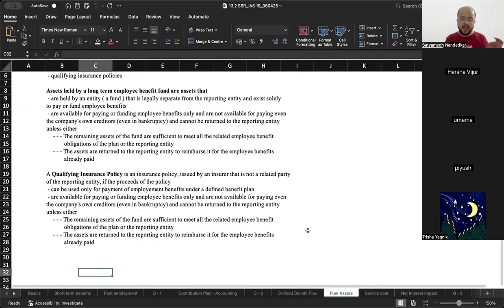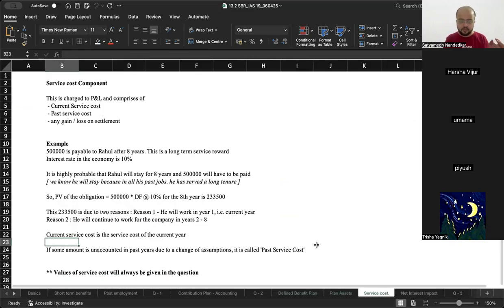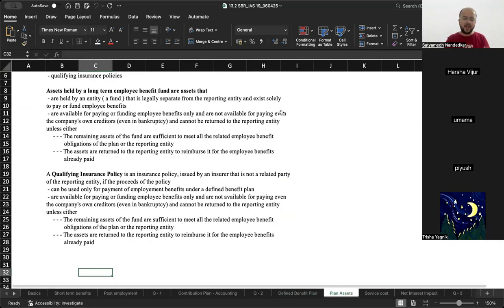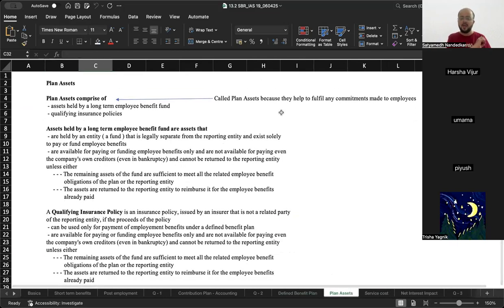Now, plan assets. You will have to keep in mind that in case of plan assets, the breakup and all of that will not be required. But what are plan assets? These are basically assets held by a long-term employee benefit fund, and qualifying insurance policies. Why are these insurance policies taken?